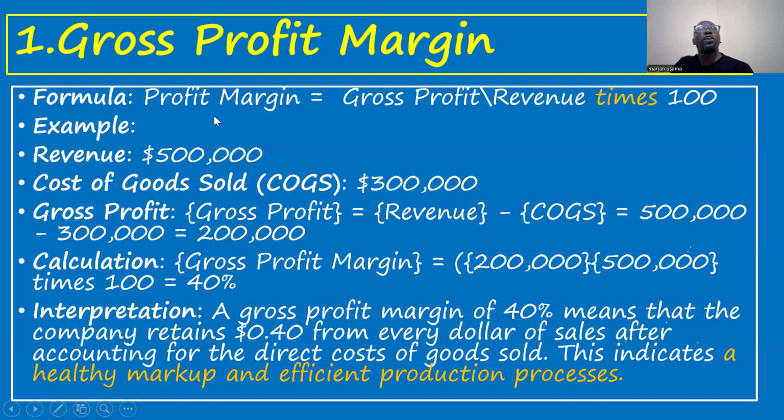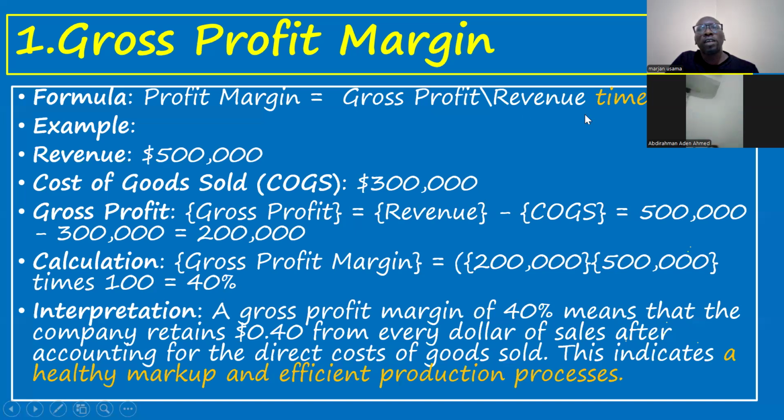So the gross profit margin is what? You first calculate the gross profit, divide by revenue times 100. Again, gross profit divide by revenue times 100.